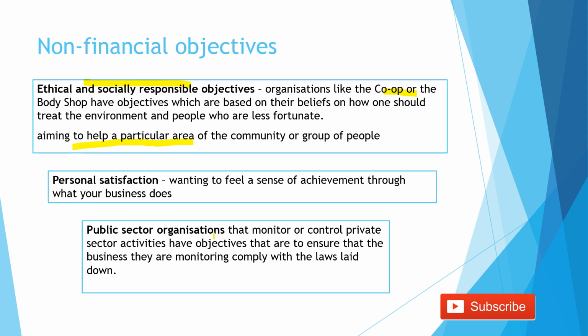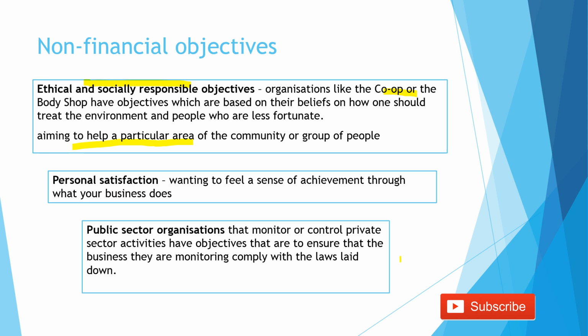Public sector organizations that monitor or control private sector activities have objectives to ensure that the businesses they are monitoring comply with the law laid down. For example, the health and safety teams, or health and hygiene.